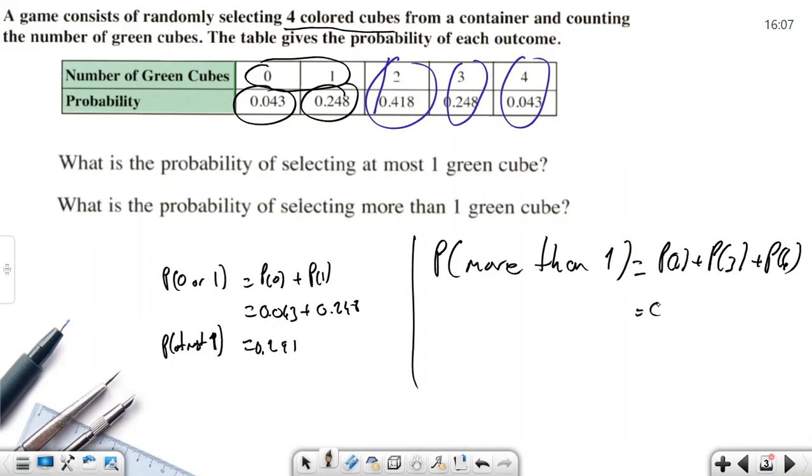So let's say 0.418 plus 0.248 plus 0.043. I think that's a little small, it's not visible.